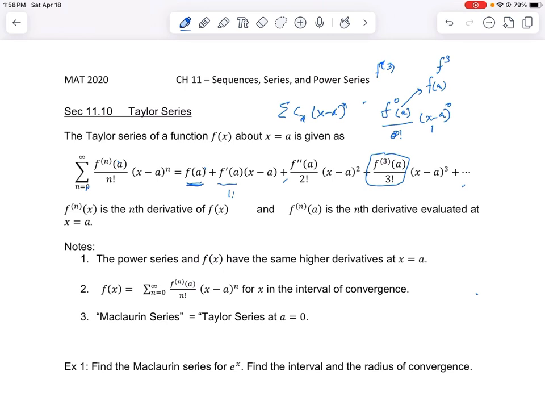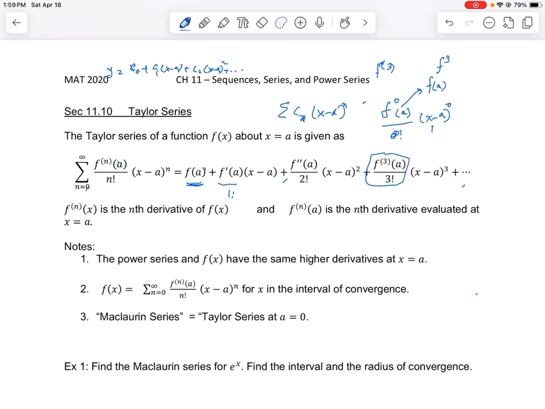In other words, if you think of this as c0 plus c1 times x minus a plus c2 times x minus a whole squared plus dot dot dot, then this will be the series y equal to this, and f of x has the derivatives.